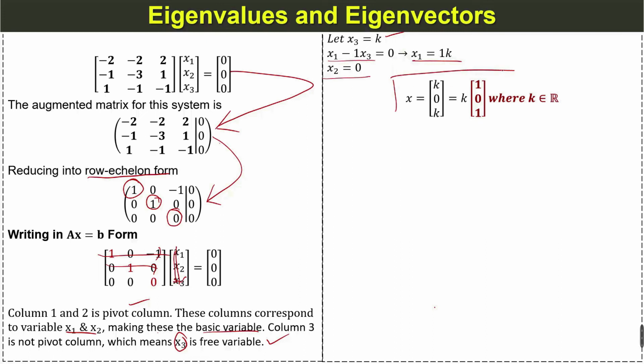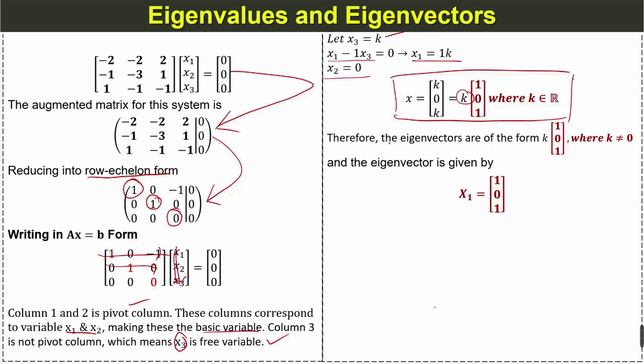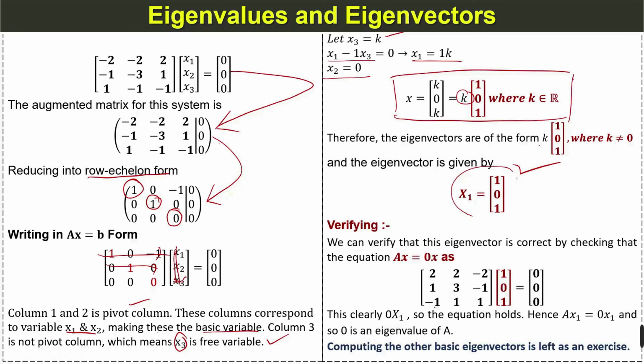We write them in vector form, and then we take k common, where k belongs to the real numbers. Therefore, the eigenvectors are of the form where k is not equal to 0, and the eigenvector is given by this one. This is the eigenvector corresponding to the eigenvalue lambda equal to 0.